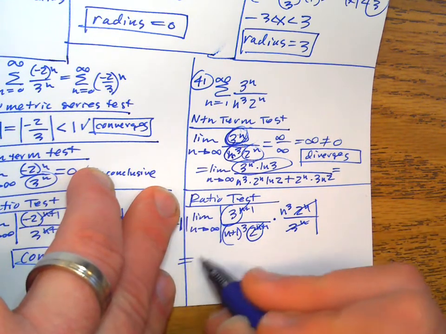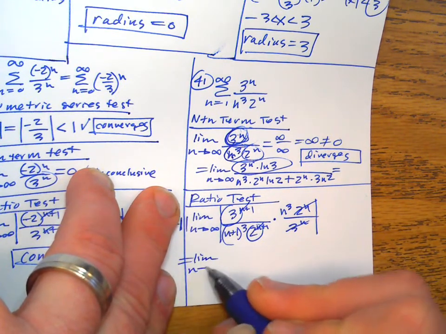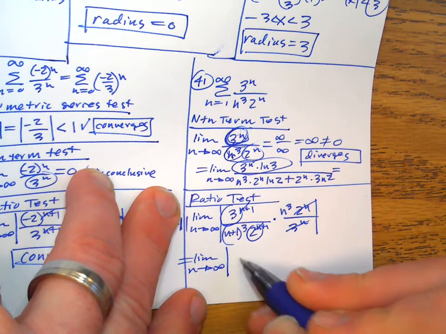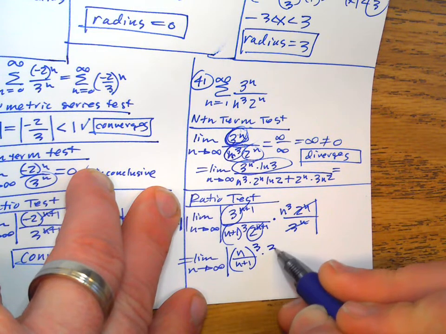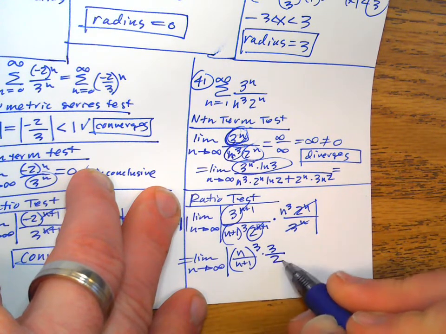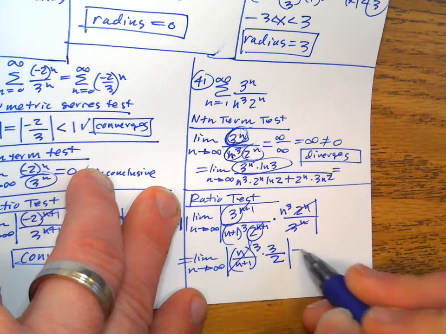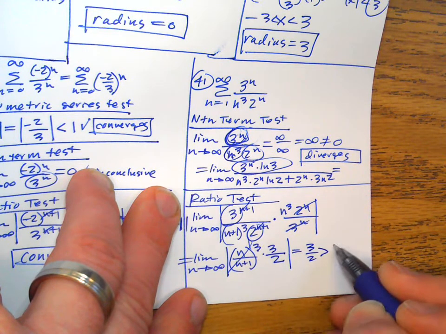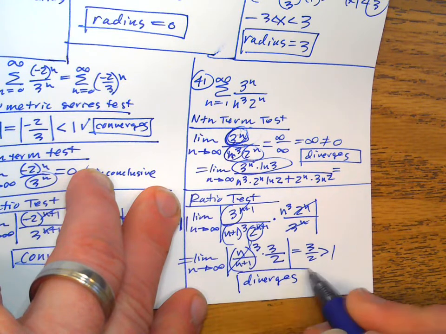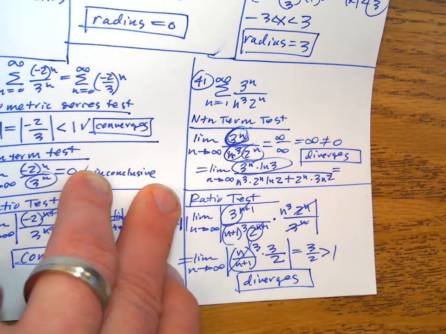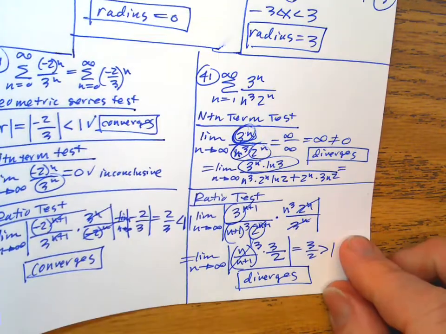So we're going to rewrite this as a limit as n goes to infinity of, we could put the n over the n plus 1 all inside a cubed times 3 over 2. That's going to go to 1, so we're going to get 3 halves, which is bigger than 1, which diverges. So, kind of interesting. That's it.